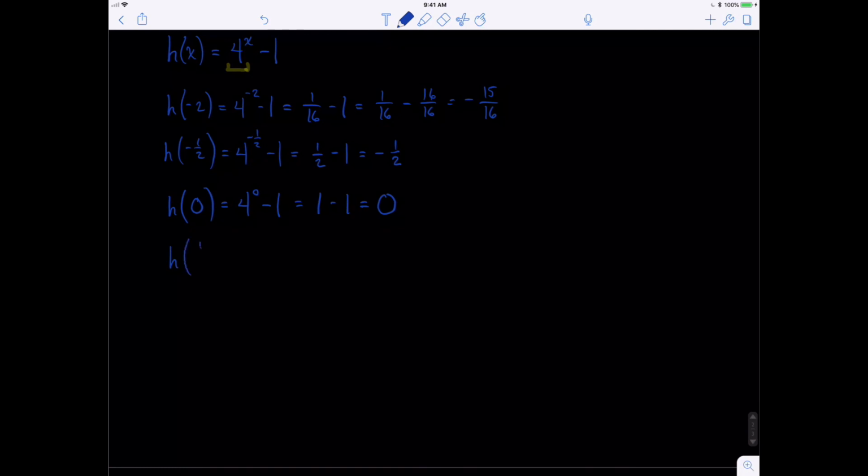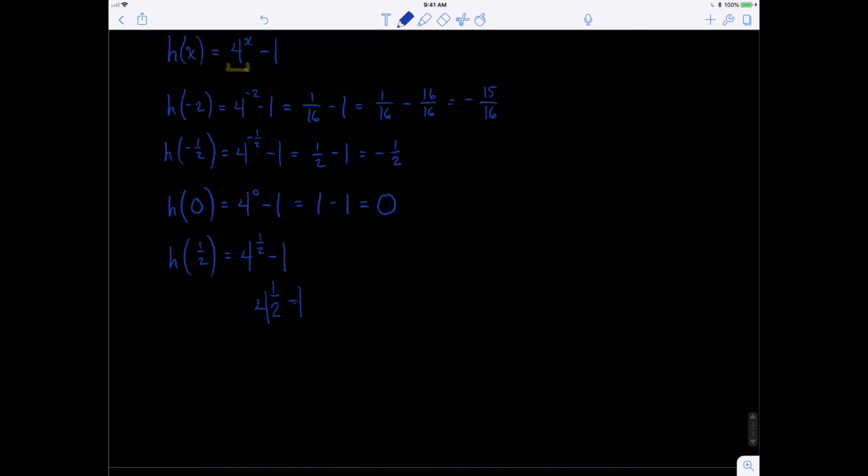h of 1/2, this is 4 raised to the 1/2 minus 1. And I'm going to pause here for a moment. I try to be really careful with my penmanship, but I often see people get a little careless and they write 4 raised to the 1/2 minus 1.